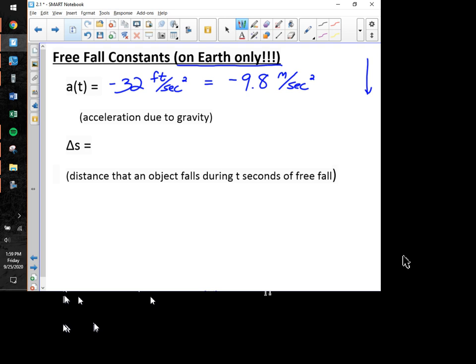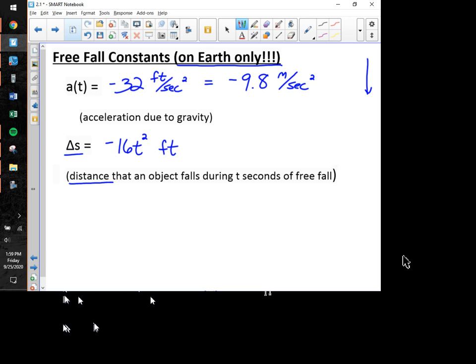And then last one, the formula here for displacement, or the distance that an object falls during t seconds of free fall, you might be able to figure out where this is coming. This is a -16 t squared, and when we're talking about a distance here, everybody, that 16 t squared is going to be measured in feet.